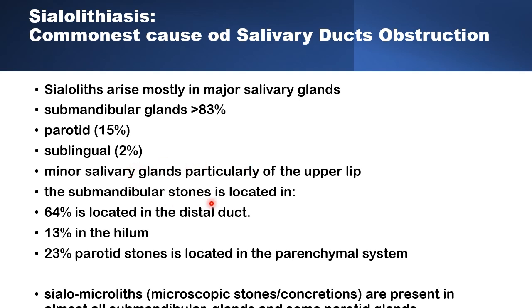The stones in the submandibular glands would be located mostly in the distal duct, more than 2/3 of them, and only about 13% in the hilum of the submandibular. In the parotid gland, about 1/4 of the stones would be located in the intraparenchymal parts of the duct system.